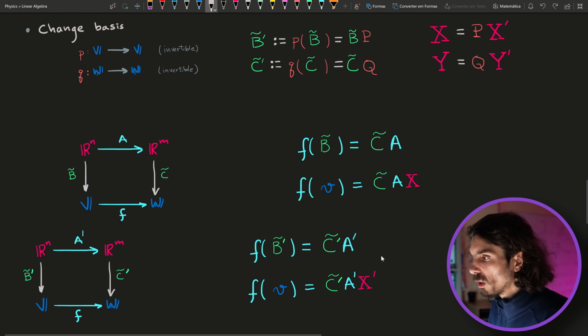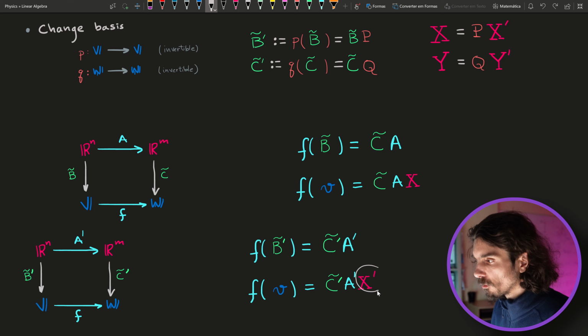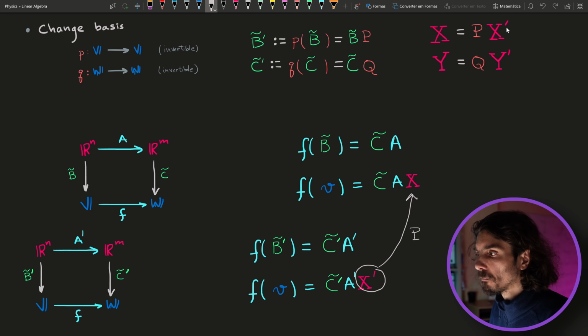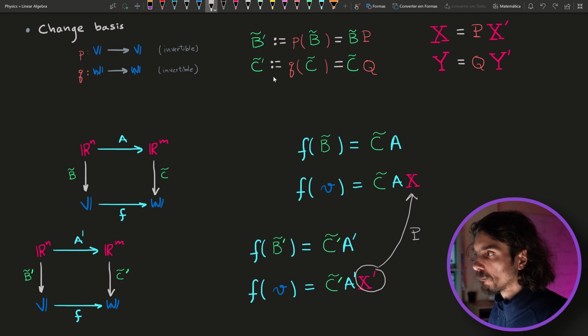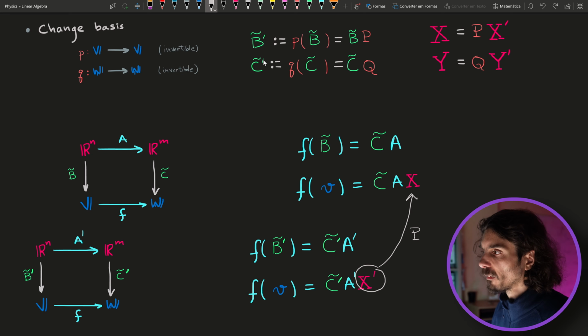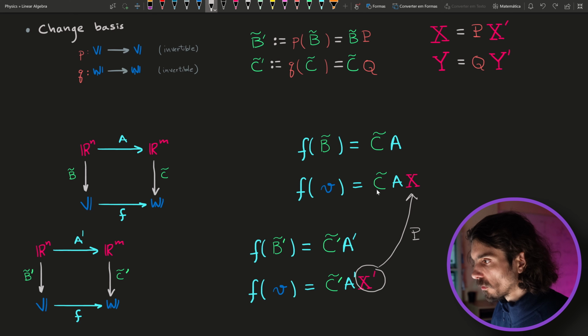What do we know? Well, we know that from x prime, big X prime, we can get x by multiplying it by p. This is that equation here. We also know from this equation that from c I can obtain c tilde prime. So let's write it like this.